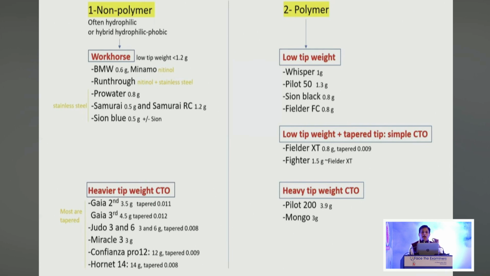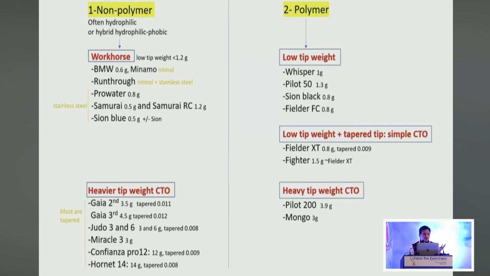As you taper the tip of the wire, the amount of force is in a smaller area. That is the advantage of tapered versus non-tapered wire. Because you can have the same amount of grams, like 3.5 grams or 4 grams, but if it is non-tapered, then it doesn't give you that force. So in CTOs, it doesn't really help you out. Tapered wires have this beauty.